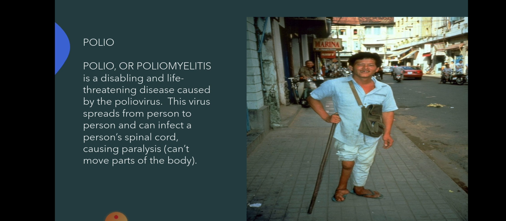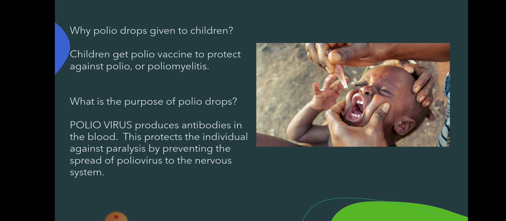Why are polio drops given to children? Children get the polio vaccine to protect against poliomyelitis. The purpose of polio drops is that they produce antibodies in the blood. This protects the individual against paralysis and also prevents the spread of the polio virus to the nervous system, any nervous system disorder, and becoming handicapped. It will avoid all these unnecessary things, isn't it?